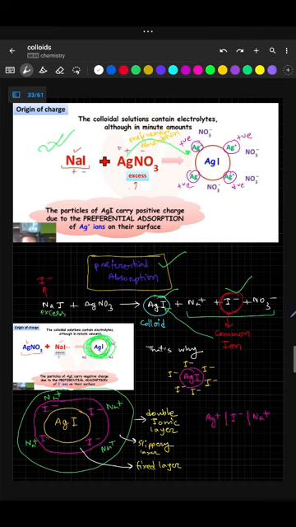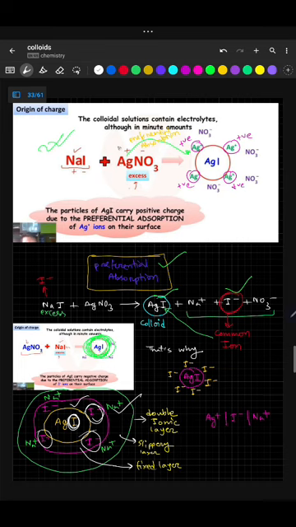I hope you understand. You can see from the picture that it is taking iodine as its layer due to having a common ion. Then again, the iodine layer, as it is negative, tries to attract the positive, which is sodium here. Thus the sodium surrounds the colloidal layer, and it also creates a second layer.